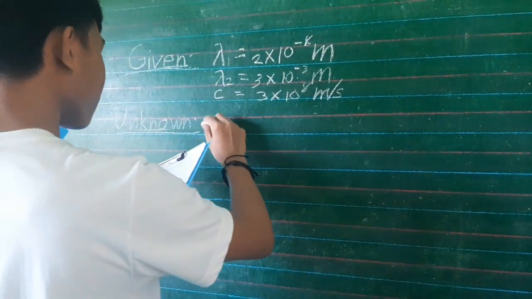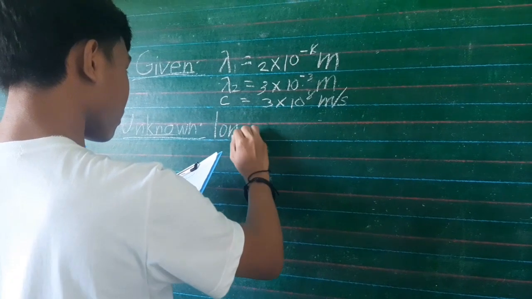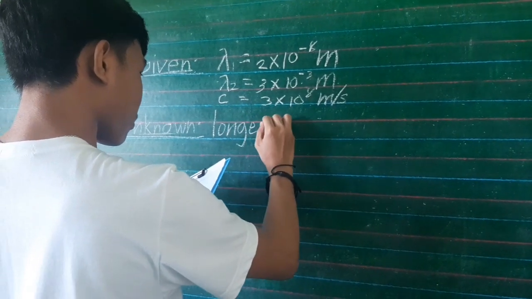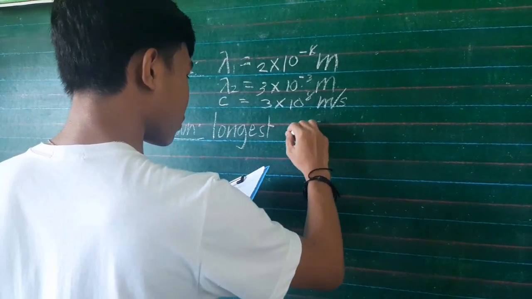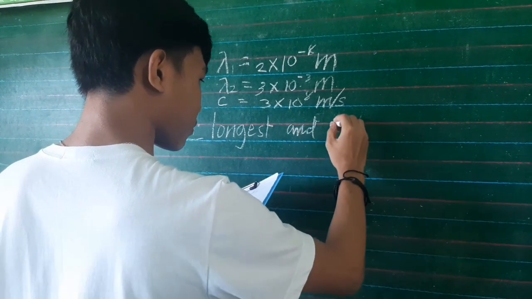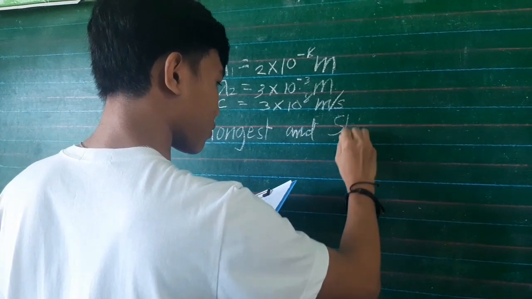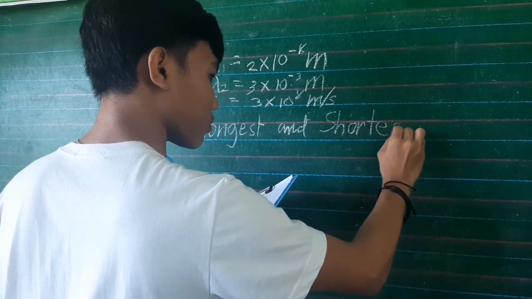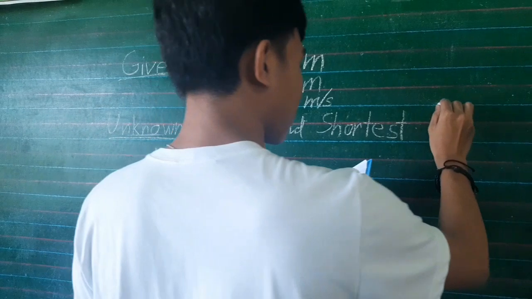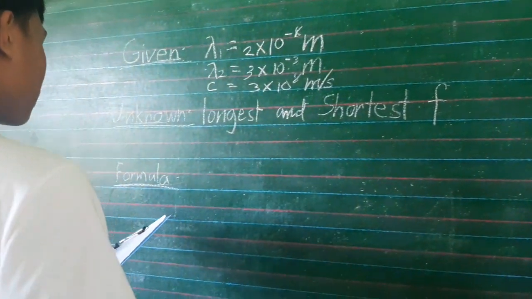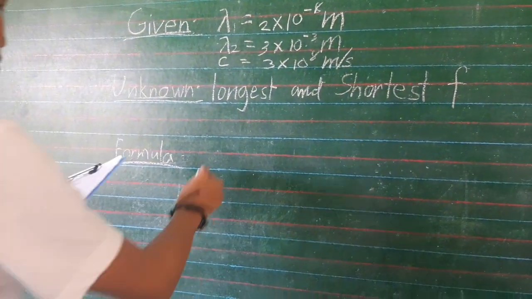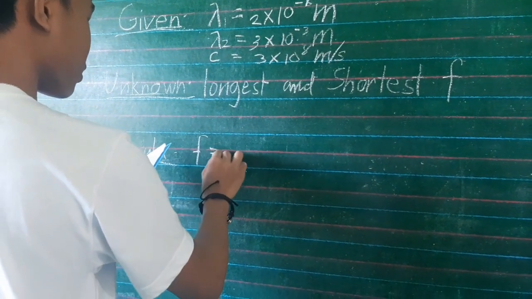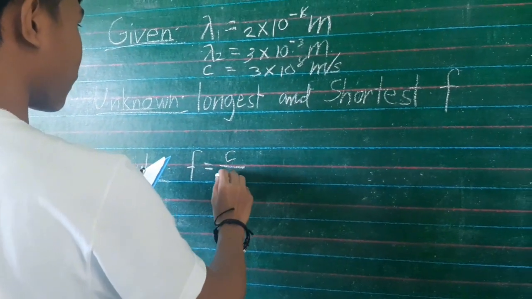The unknown will be the longest and shortest frequencies. The formula we will be using is frequency is equal to wave speed divided by wavelength.